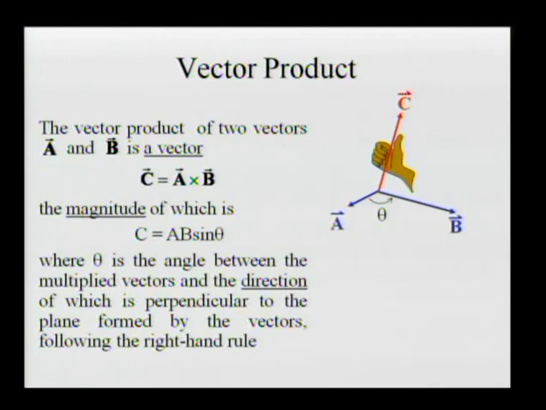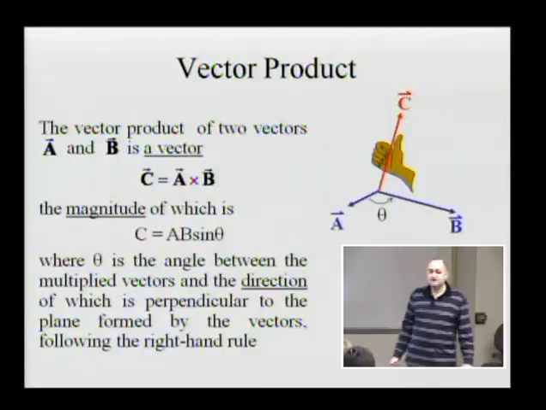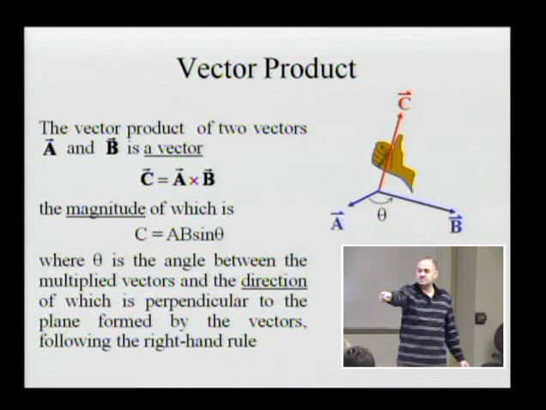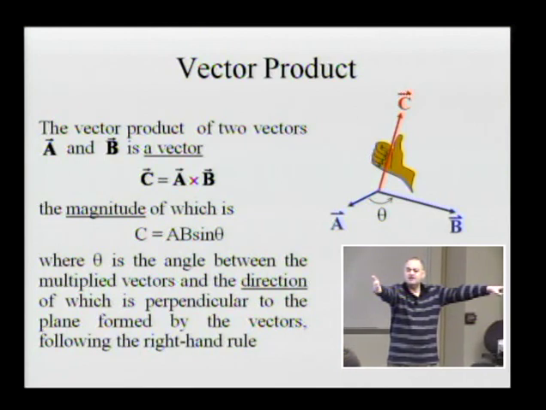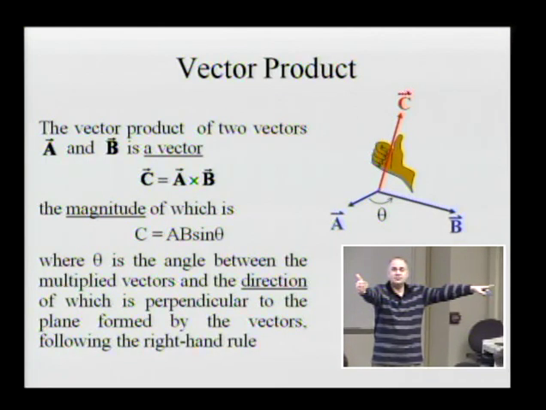First I align the entire hand with the first factor, with the first vector, so here it will be vector A. Then I turn my hand until I can bend the remaining four fingers in the direction of the second vector. So if vector A is in this direction, I align my right hand with vector A. Now this is vector B. So I have to turn my hand so that I'm able to bend my fingers in the direction of this vector. Now the thumb says which of the two perpendicular vectors I have to choose.